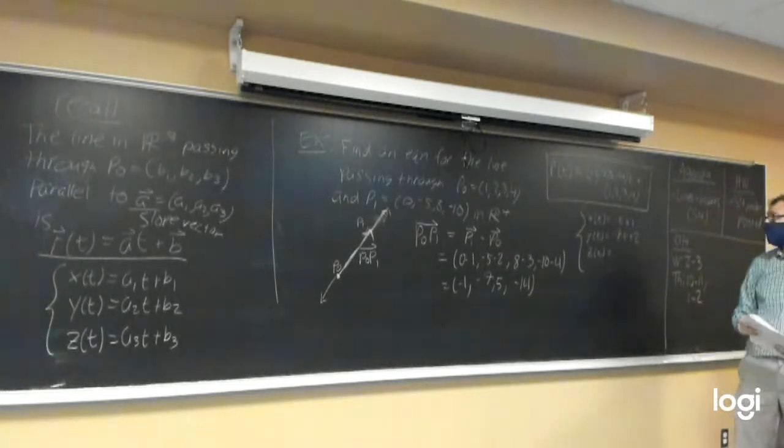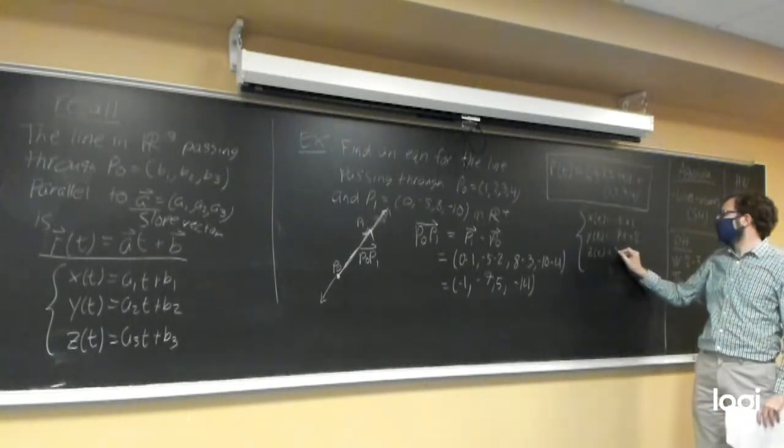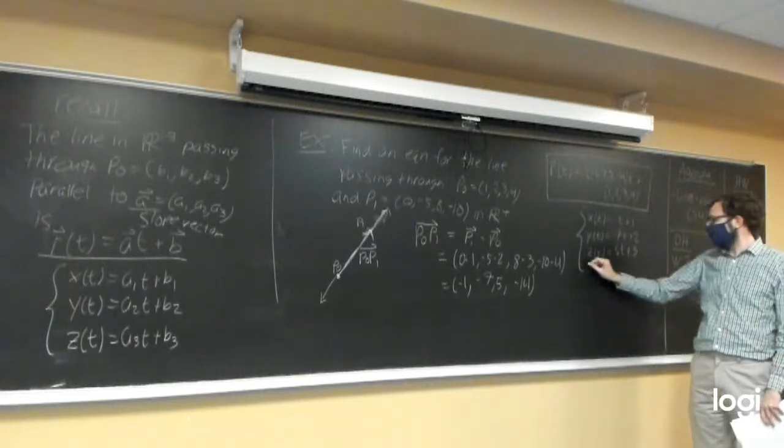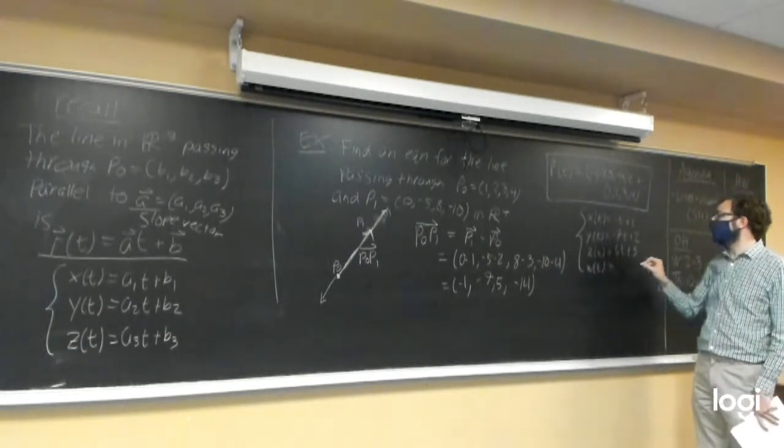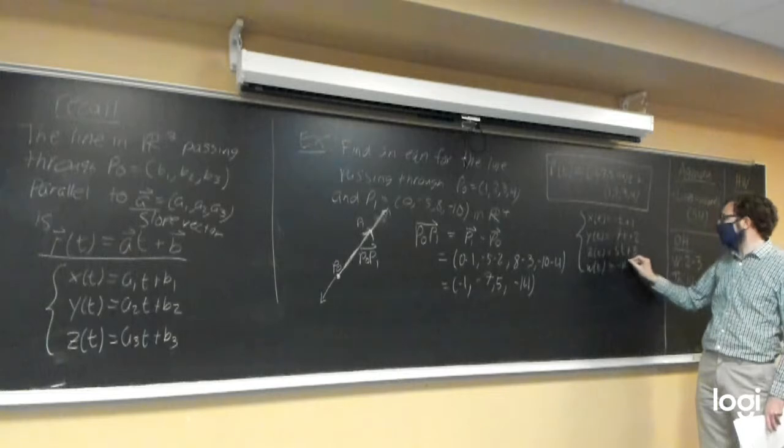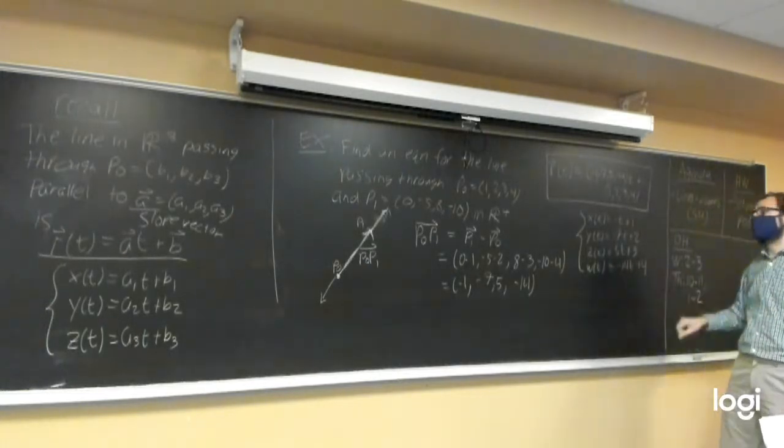Alan? 5t plus 3. I agree. And then our last coordinate, let's call it w, is going to be negative 14t plus 4.